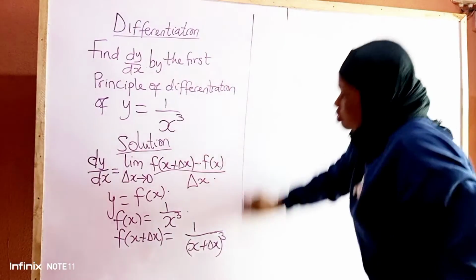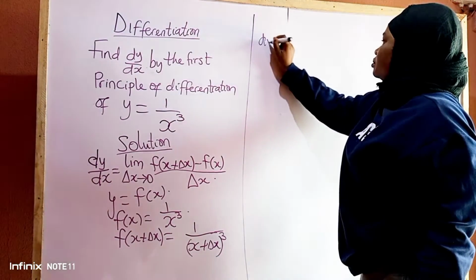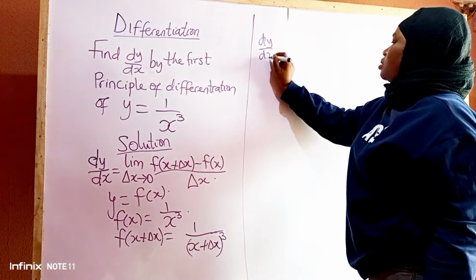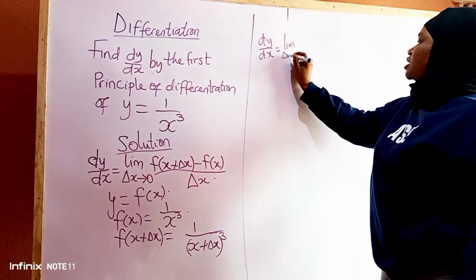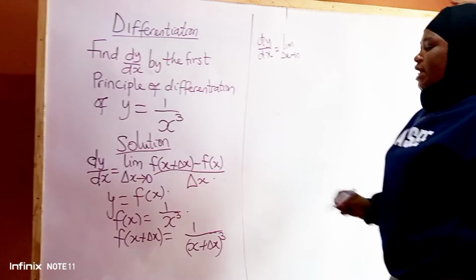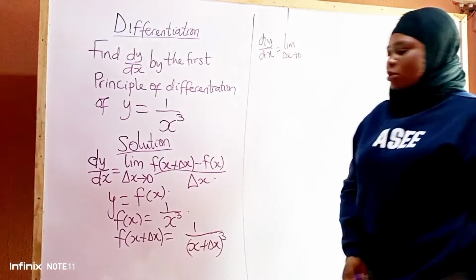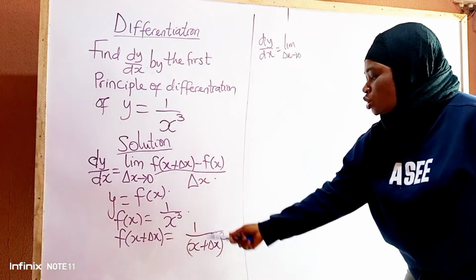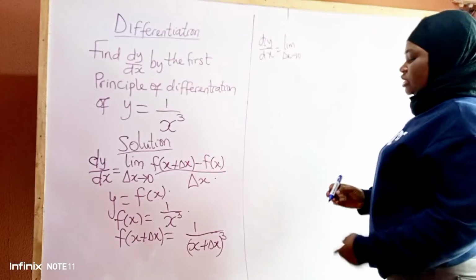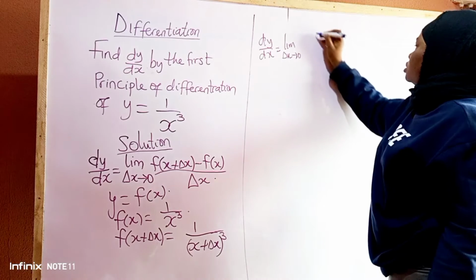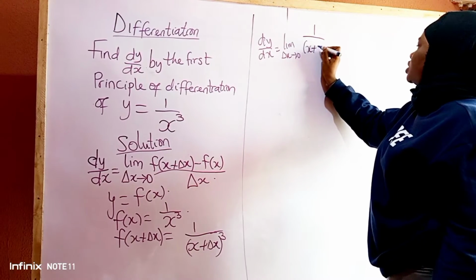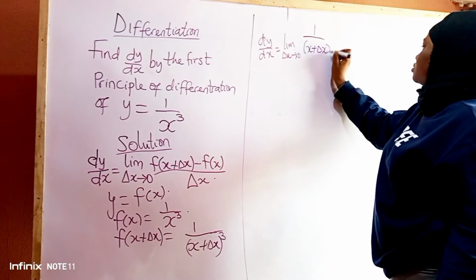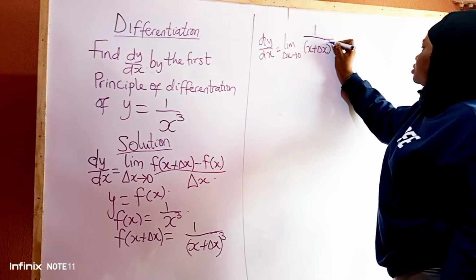So dy/dx is equal to the limit as change in x tends to 0. Then anywhere I see f of x plus change in x, I will put 1 over x plus change in x, everything cubed. So I have 1 over x plus change in x cubed.